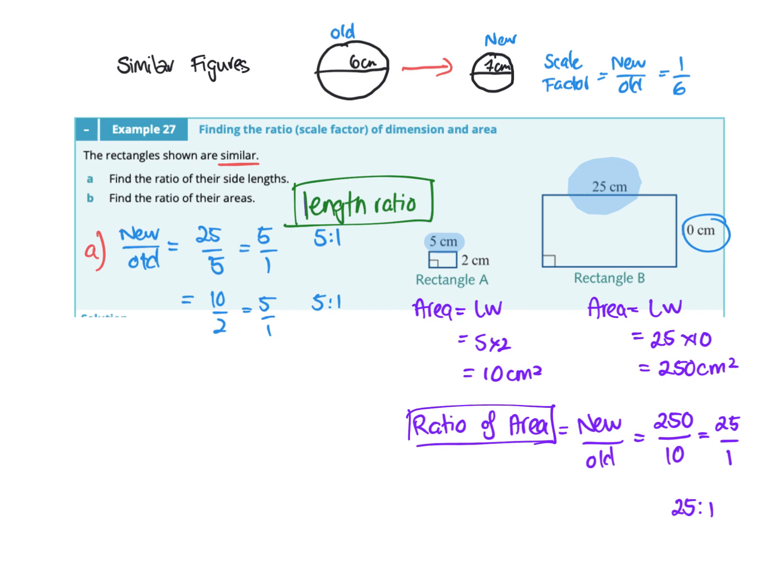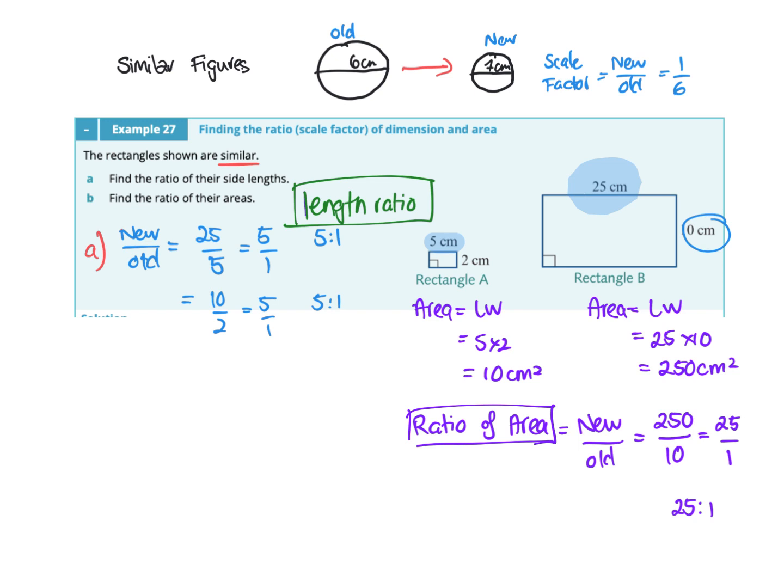Can you see in this instance, the length ratio was 5 and the area ratio was 25. So how many times bigger was the area, compared to the scale factor? 5. And if you look at the number 5, what's 5 squared? 5 times 5 is 25.